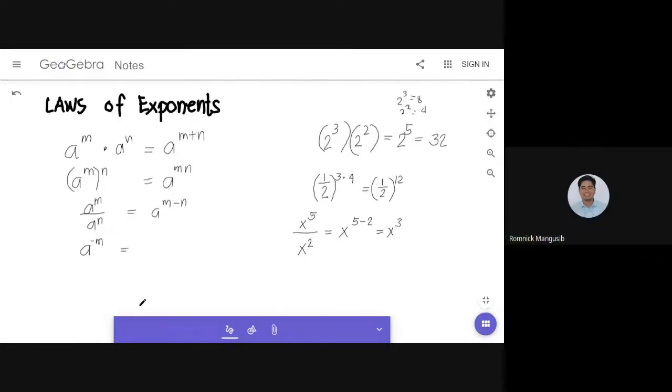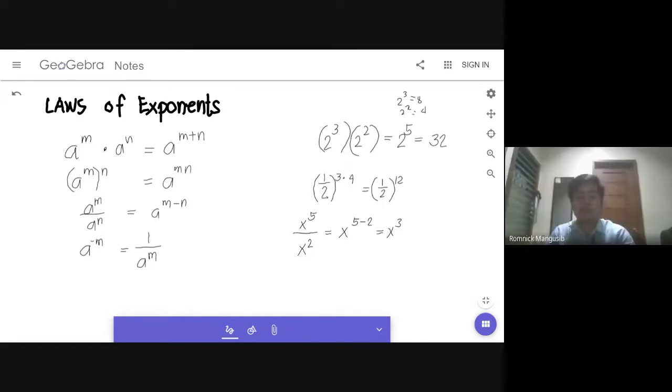And so, to express a raised to negative m in another form, that becomes 1 over a raised to m. And let's observe what happens to the place of m.